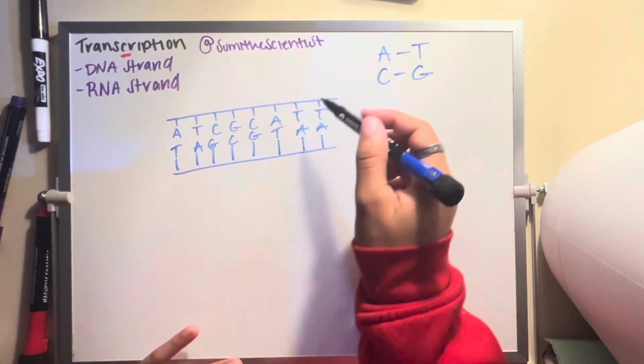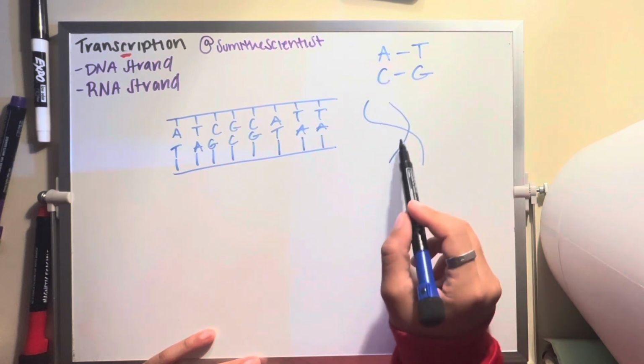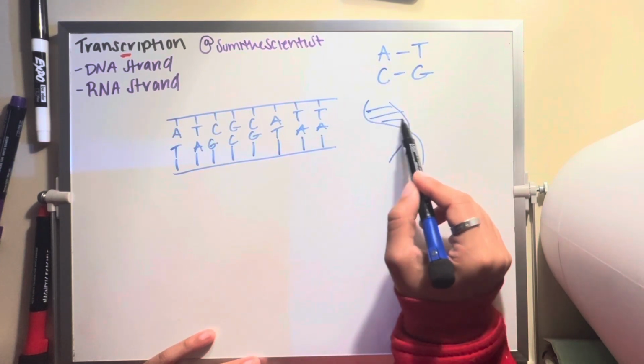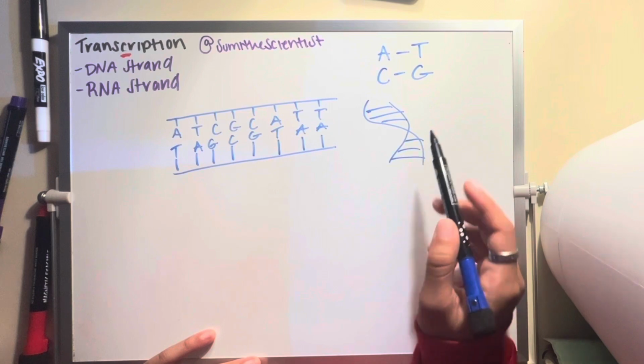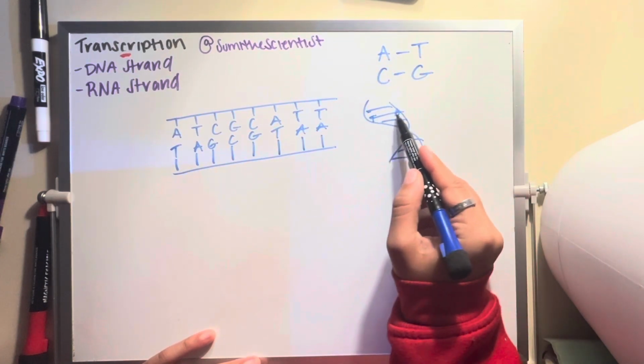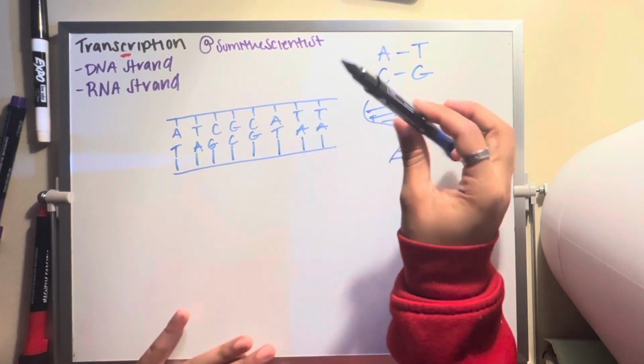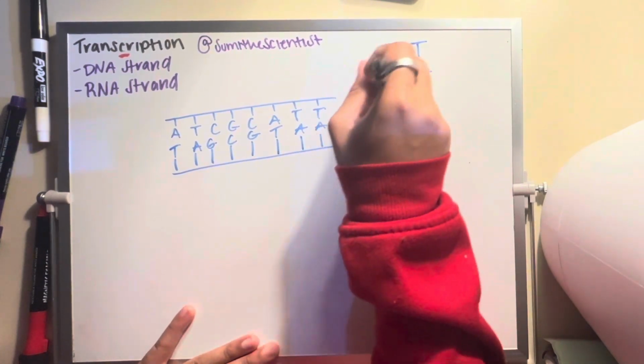But since we have two strands, it's going to look like this now. So that's where you see that connecting, and you would see those nucleotides in between on each side. So that's what this is showing, but just on a simpler level.